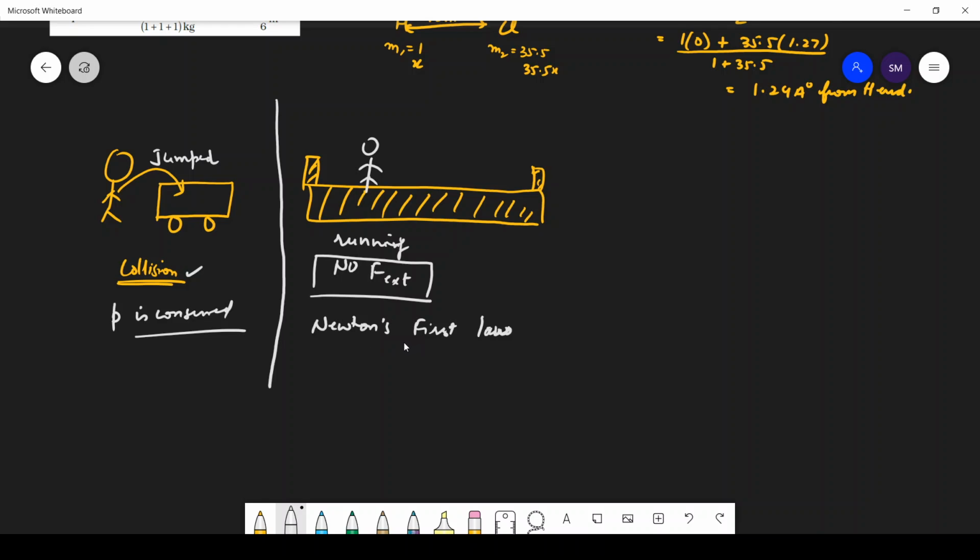A equal to 0 means there is no change in velocity, so no change in speed. So with no external force, according to the first law, the state of the body will not change.